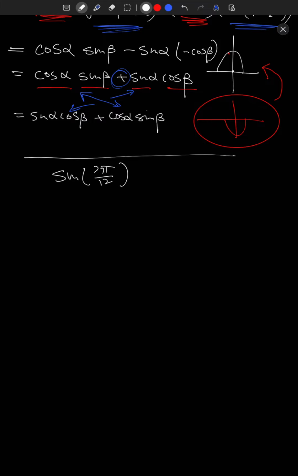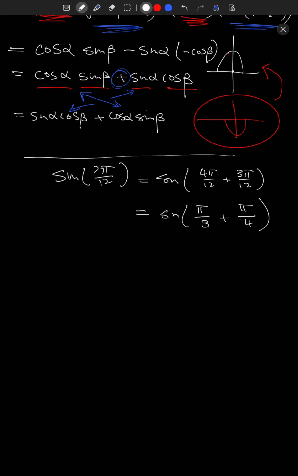Because 7 pi over 12, we saw last week, you can break it down into 4 pi over 12 plus 3 pi over 12, right? And the important point here is that 4 pi over 12 is something that we're very comfortable with. It's pi over 3. And 3 pi over 12 is something we're very comfortable with as well. That's pi over 4, right?